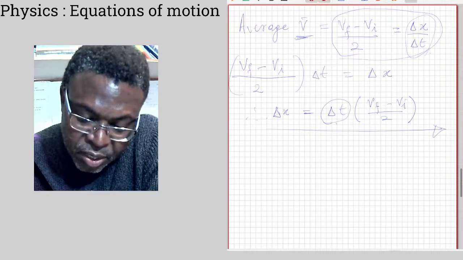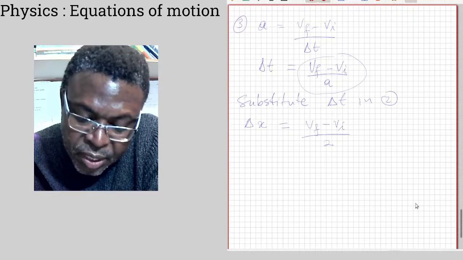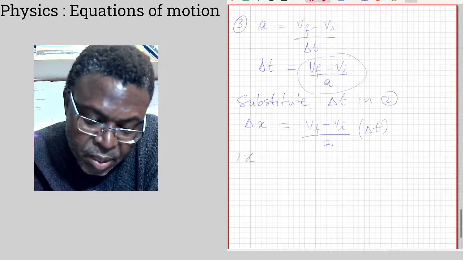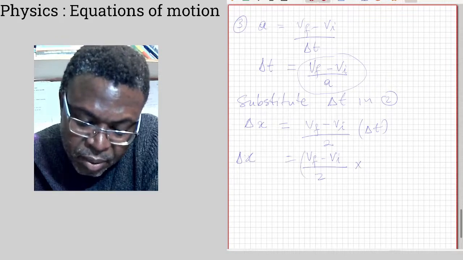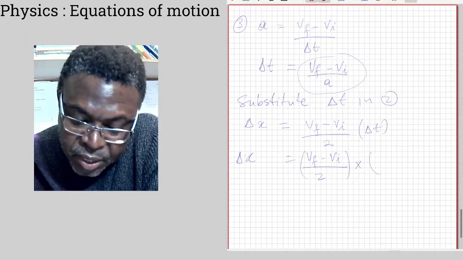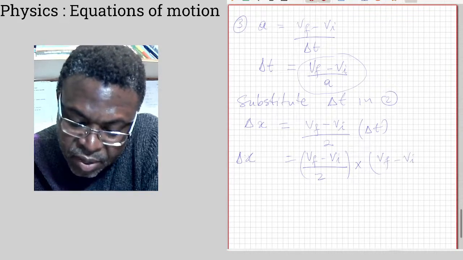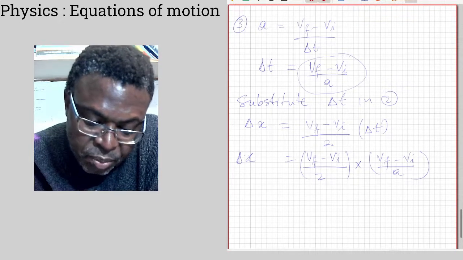Now, instead of putting change in t here, let me put it deliberately so you can see. So change in x, we have Vf minus Vi over 2 multiplied by change in t, which is Vf minus Vi over a. Algebra again.